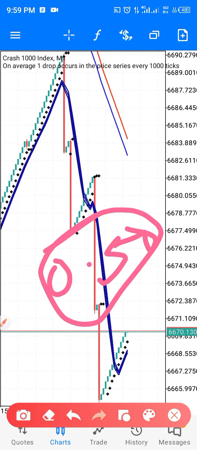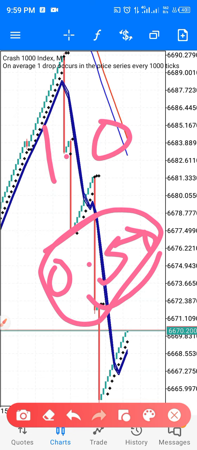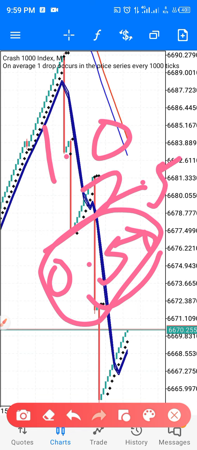Okay, now if you use one lot size, which is 1.0, then one single move, one candle is going to give you 50 cents. So if you multiply it by 5, it means that every time you get this indication right and you enter 5 candles, it is going to give you $2.5.